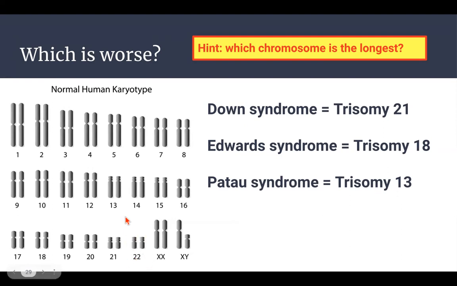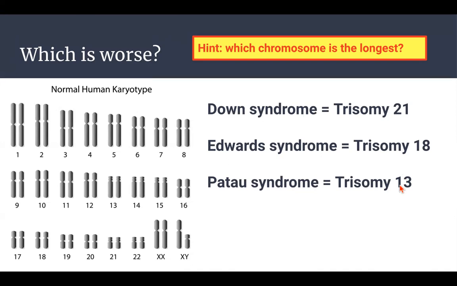Now, if you think about it, having a trisomy 13, which means you have an extra copy of a chromosome that is relatively long compared to trisomy 18 and 21. If you have a longer chromosome, it means that you have more DNA bases, more information, and more genes sitting on that chromosome. As a result, more genes are going to be affected if you have a trisomy 13 instead of trisomy 21.